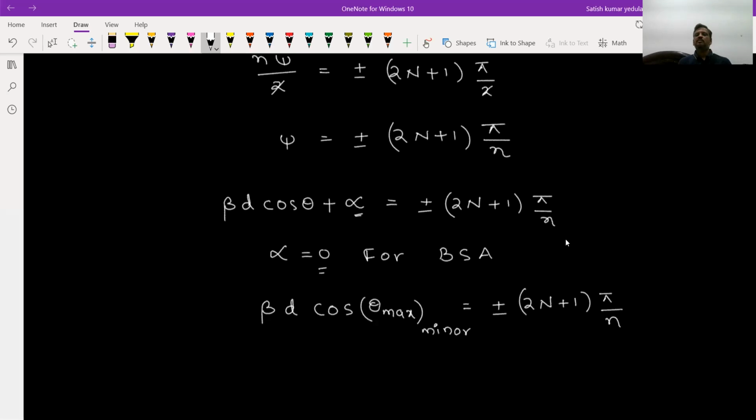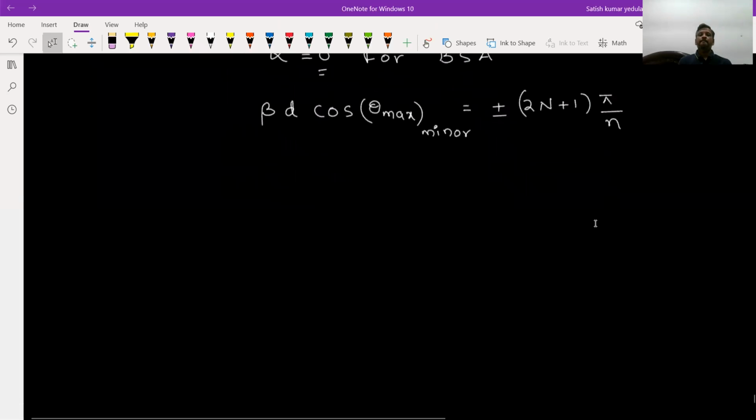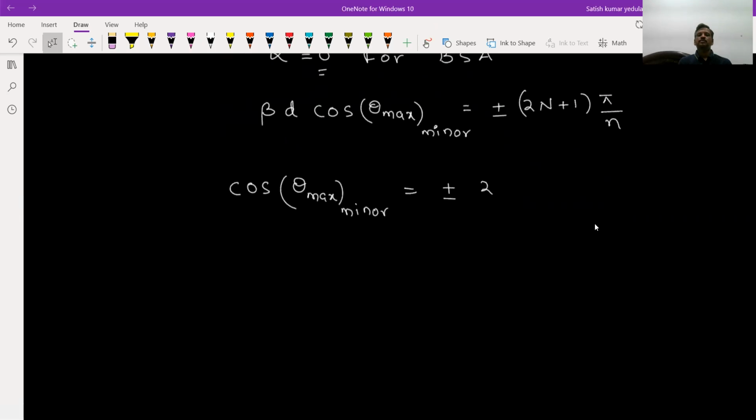Here small n is the number of antenna elements and capital N is the integer starting from 0, 1, 2, 3, and so on. And cos theta of maxima of minor is equal to plus or minus 2n plus 1 into pi by n, into that beta d also you send it here.